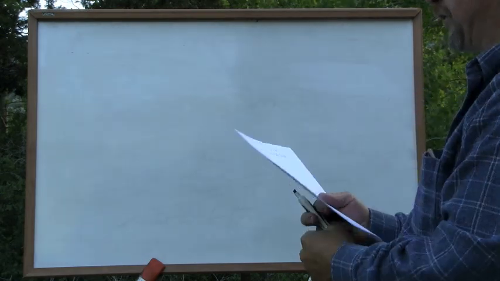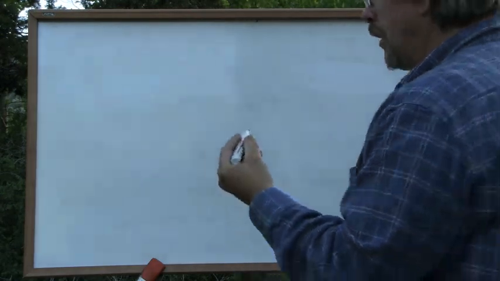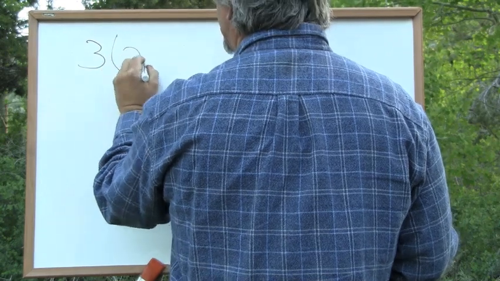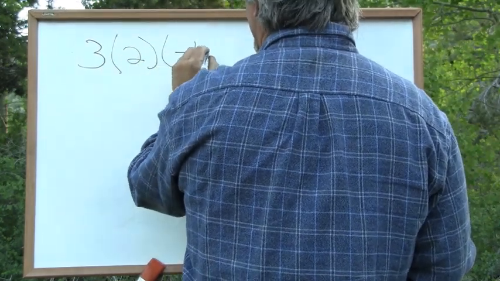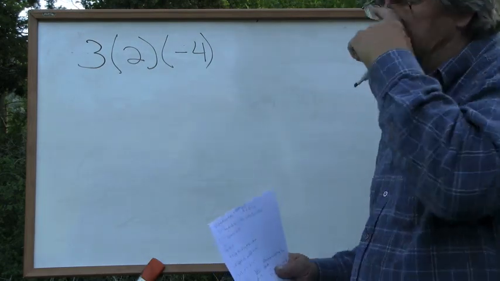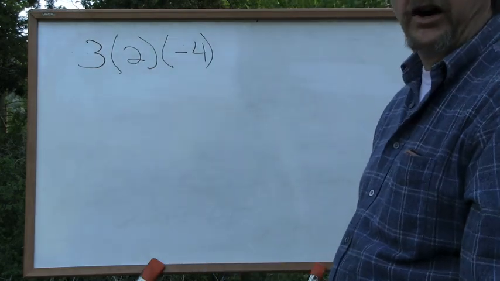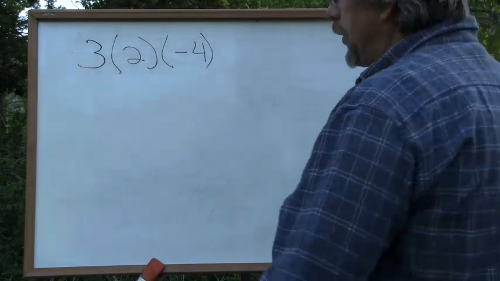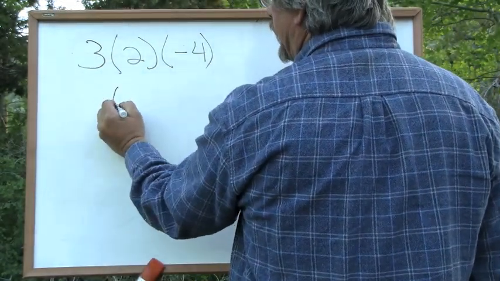When we multiply terms, let's say we have 3 times 2 times negative 4. And we'll find many equations where we multiply just hundreds and hundreds of items. 3 times 2 is just 6.